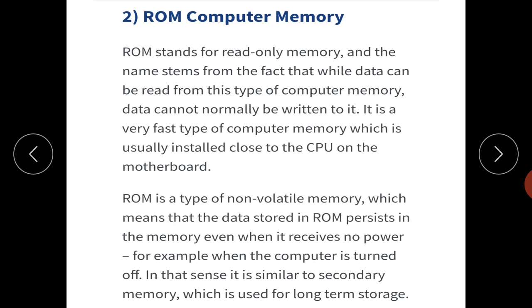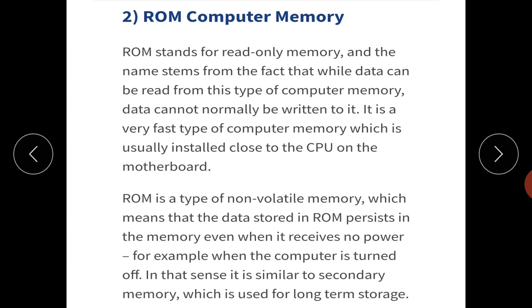Now we will come to the ROM, read only memory. This is also fast. Instructions can be read from it, but it is very difficult to write. Rather, it cannot be written directly. But some categories of ROM can be written after erasing. This is non-volatile in nature. Non-volatile means constant.